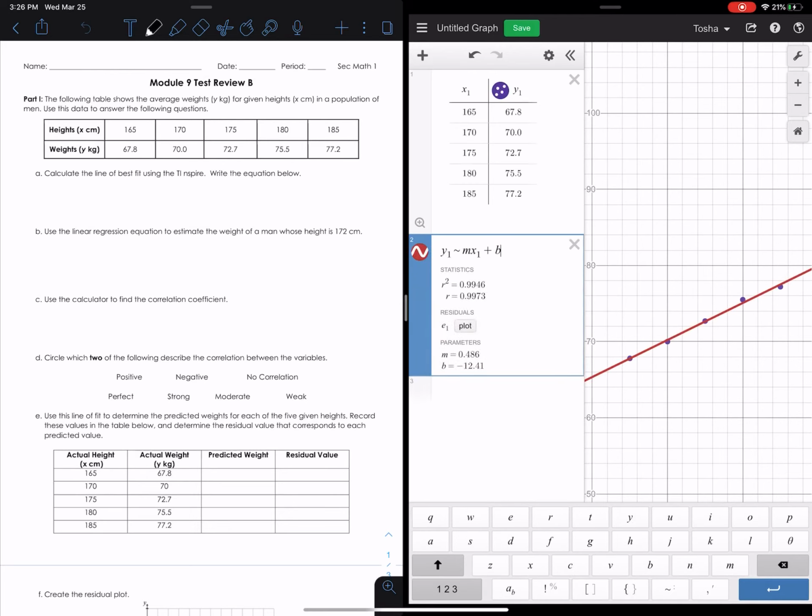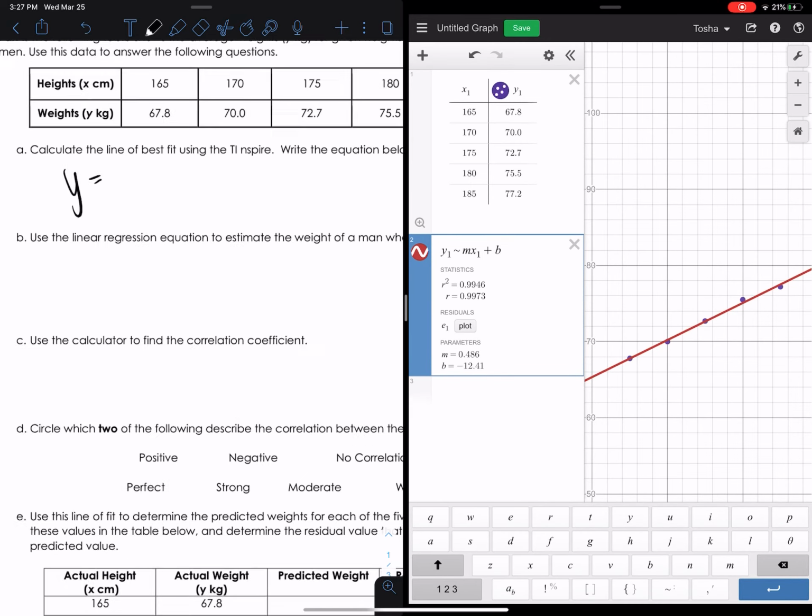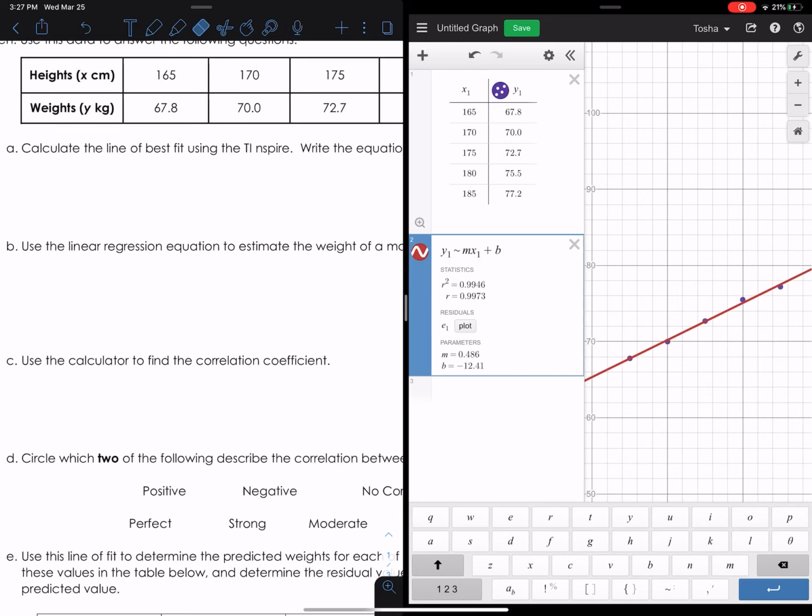That gives us our line of best fit, or our regression line. So for this, we are going to write down y equals 0.486x minus 12.41. And on this one, since the decimals don't go on forever, we can just include everything that it says on here.